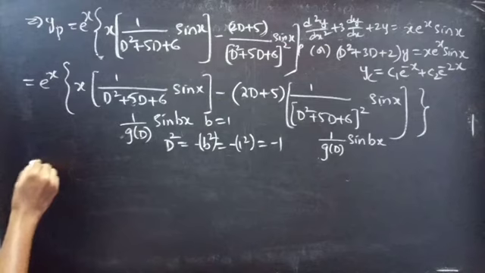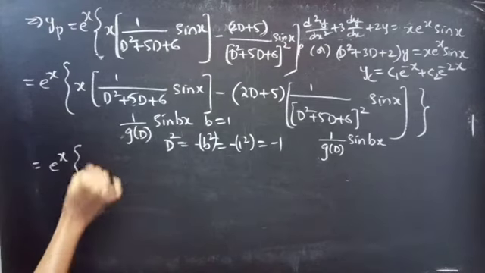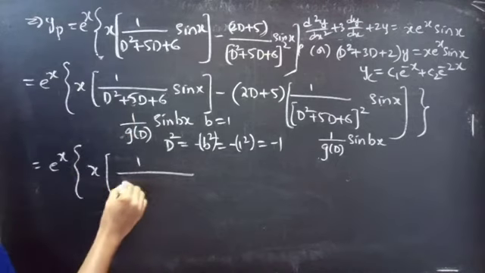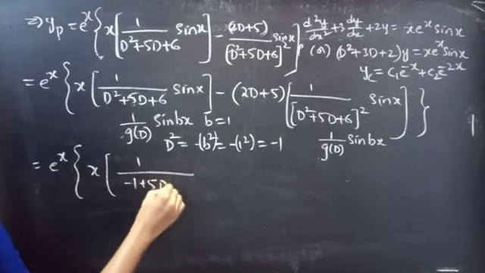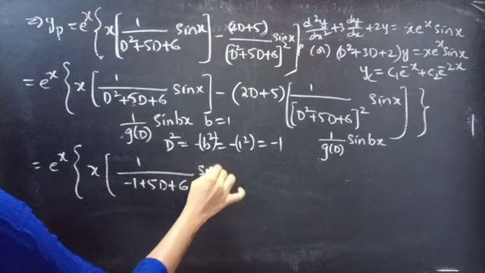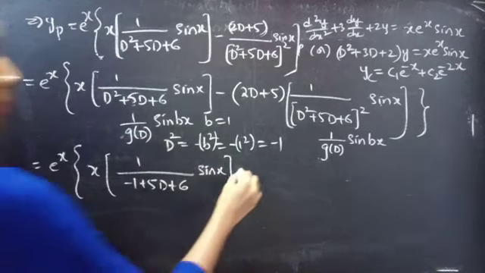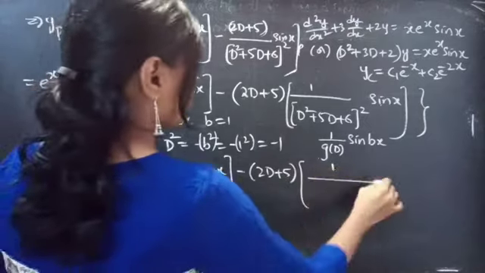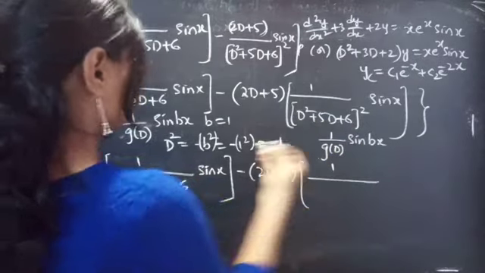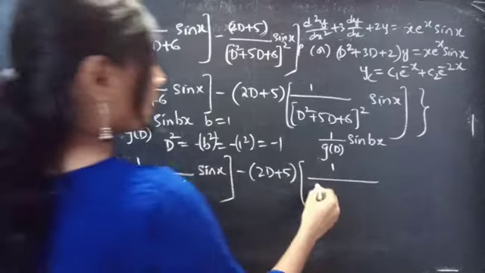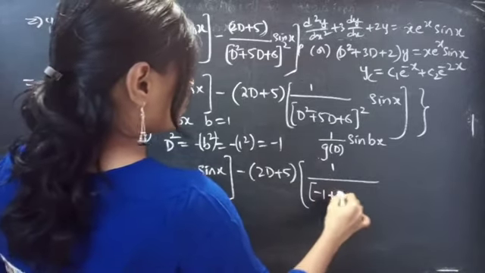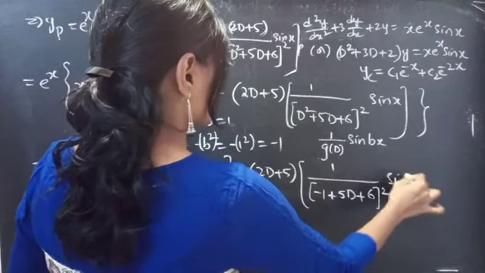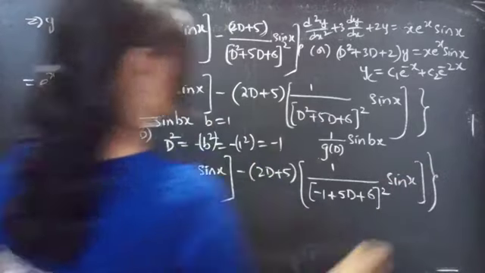That's it. It equals e power x into 1 by, replacing d square with minus 1, we get minus 1 plus 5d plus 6 into sin x, minus 2d plus 5 into 1 by minus 1 plus 5d plus 6 whole square into sin x, right?